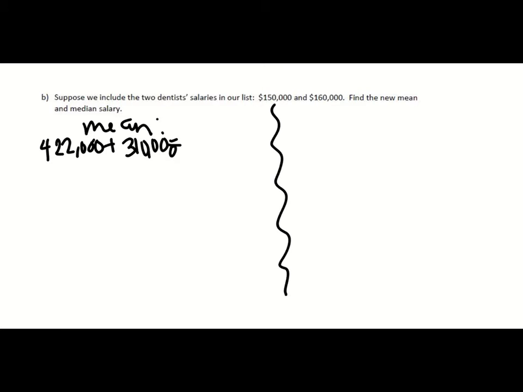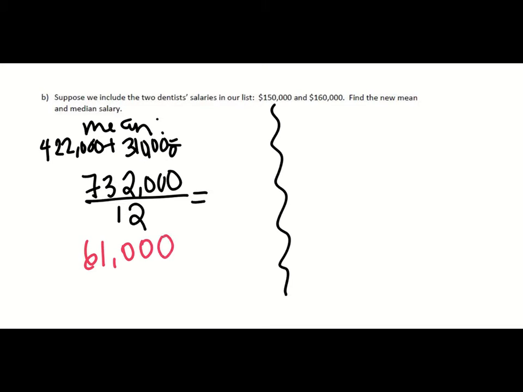Now you're going to have 732,000, and you're going to divide that. Now that there's 12 employees in your office, that's going to give you an average of 61,000 per employee.